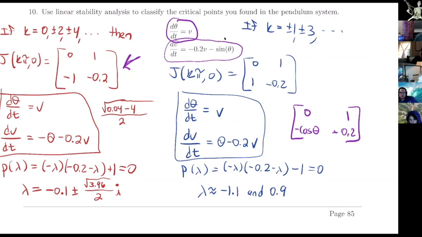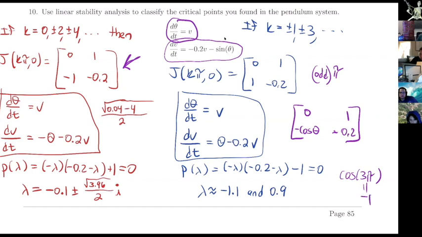So when you evaluate this at, say, something odd times pi, well, the cosine of 3 pi, that's minus 1, right?